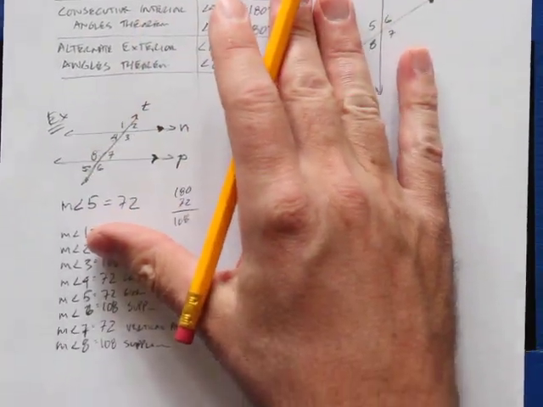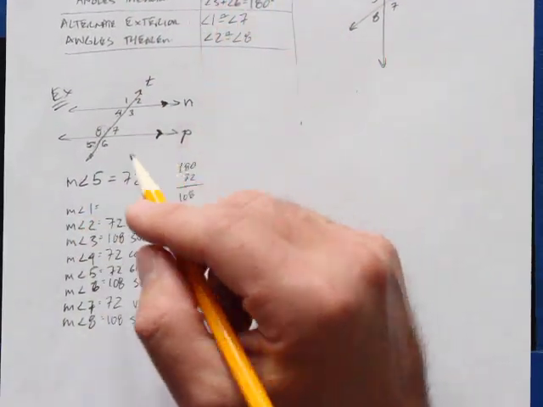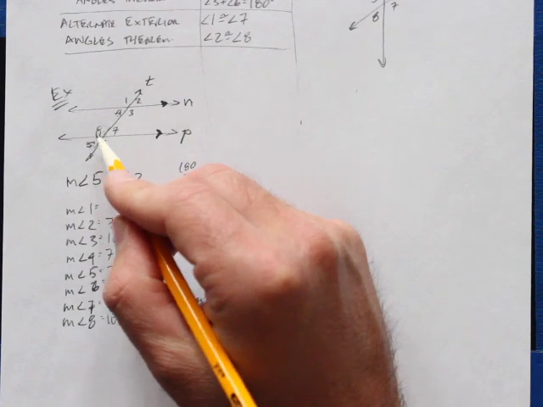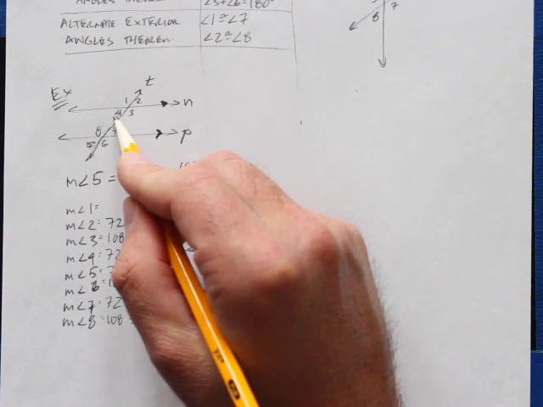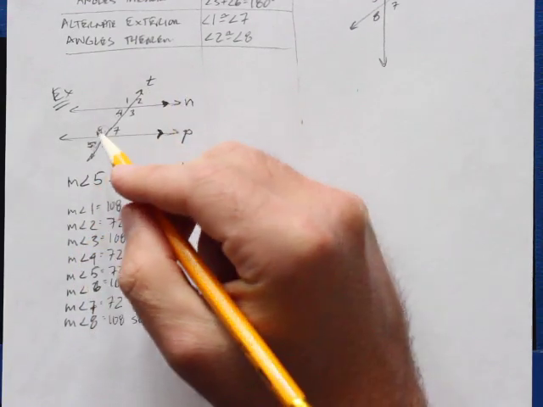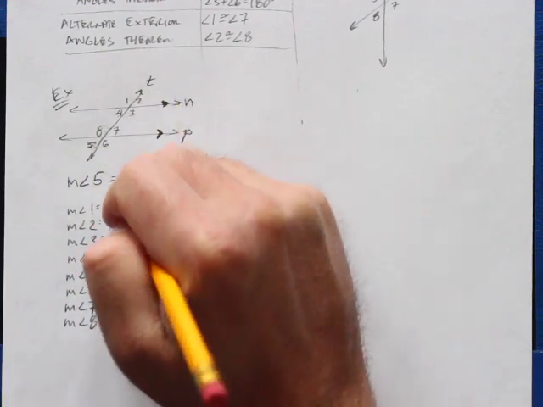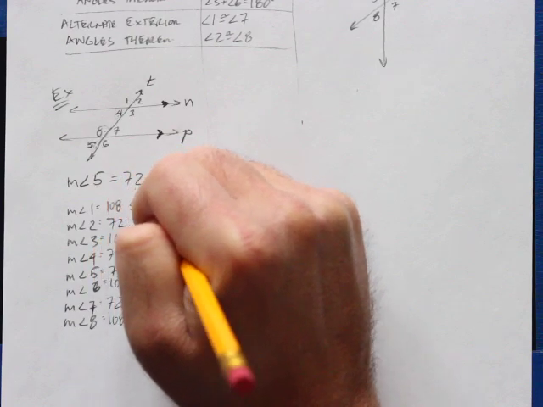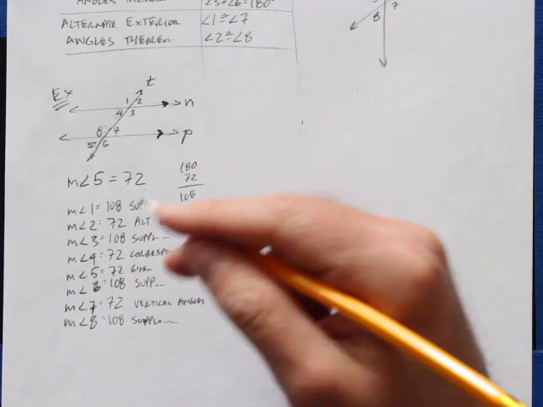I don't totally know why, but it's not included in the book. But we can use the same idea: 5 and 4 are the same, and 4 and 1 are supplementary. So 5 and 1 are supplementary as well. And that's what that looks like.